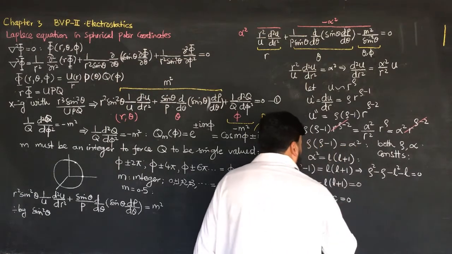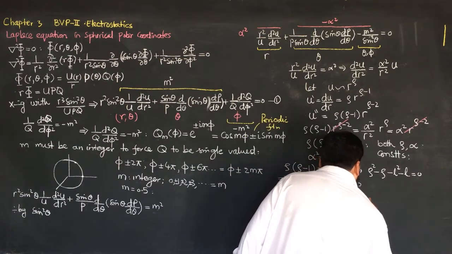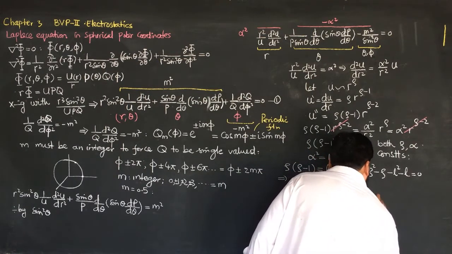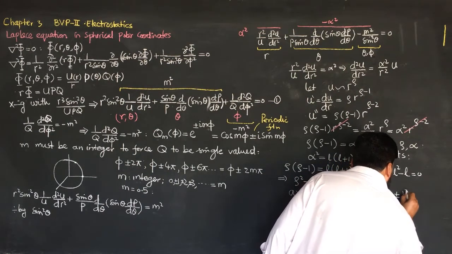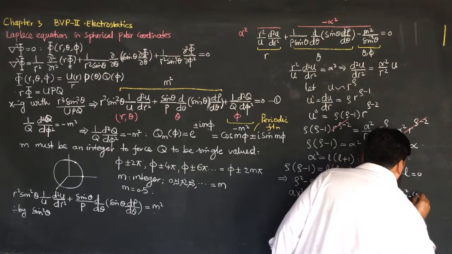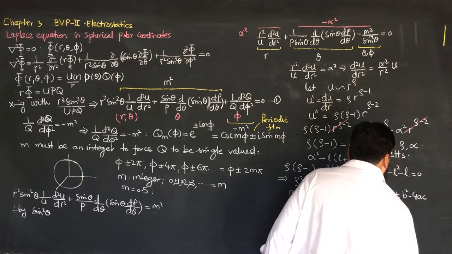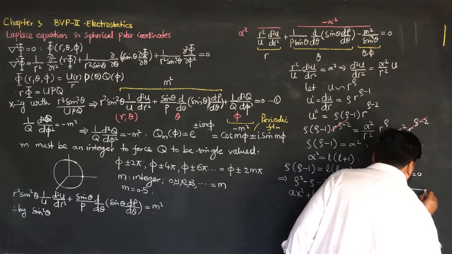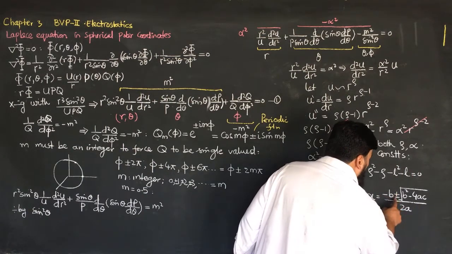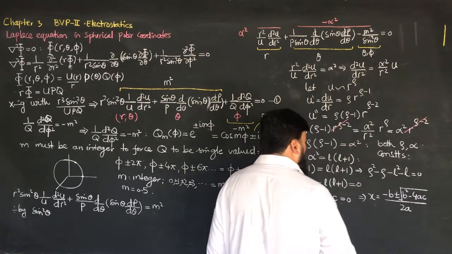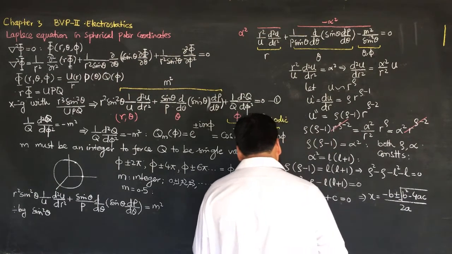The solution of a quadratic equation is that x will be equal to minus b plus minus square root of b square minus 4ac by 2a.